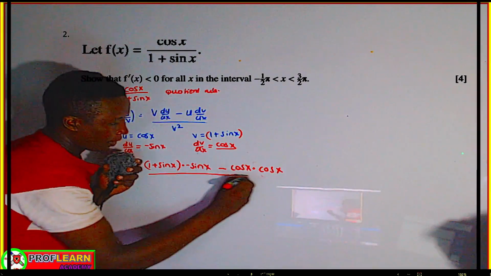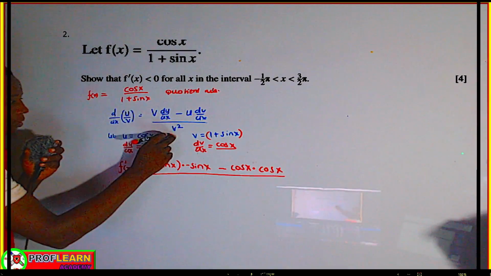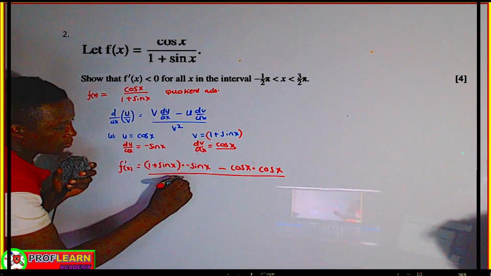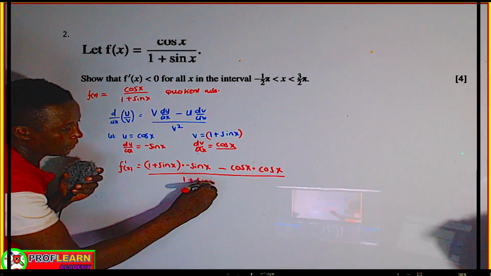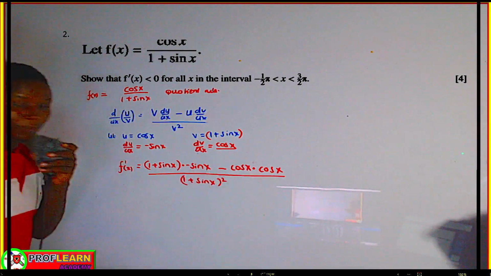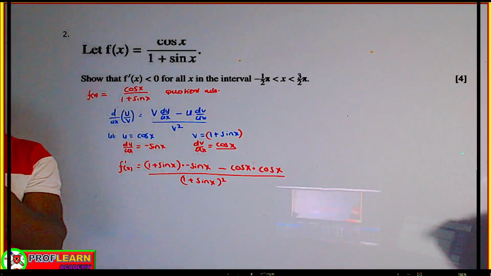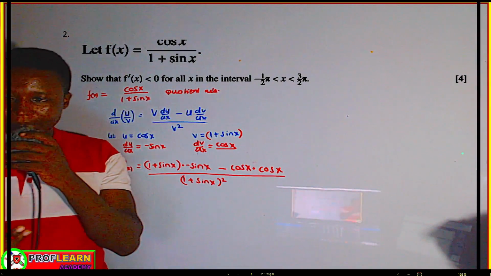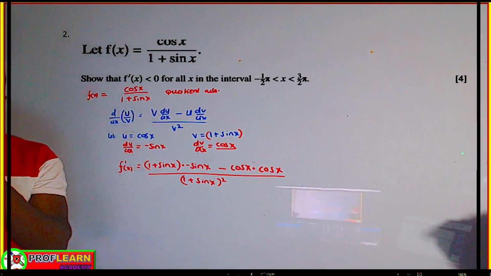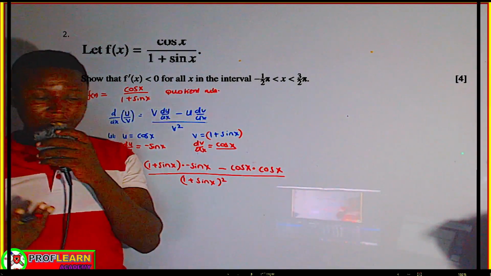Then we divide all through by v squared, which is 1 plus sin x, squared. But the main question is to show that f prime, the derivative of f of x, is less than 0 for all values of x.